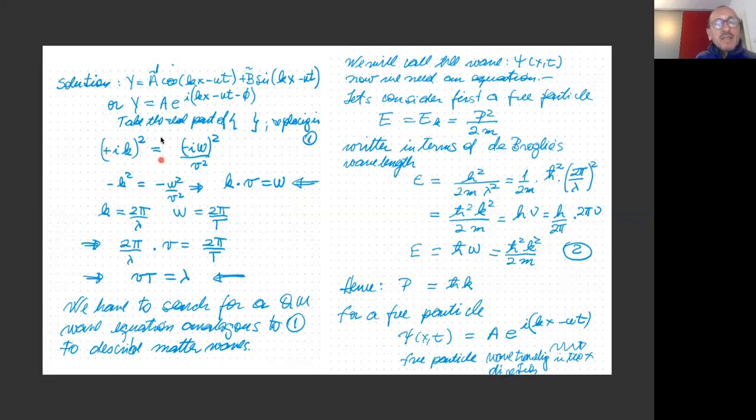How do I get the k squared in this case, in the case of the particle in one dimension? Well, it has to do with twice the derivative of the wave function that I have as a solution. So if I build an equation, omega could come out of a single derivative with respect to time, and k squared could come as a derivative with respect to space twice.